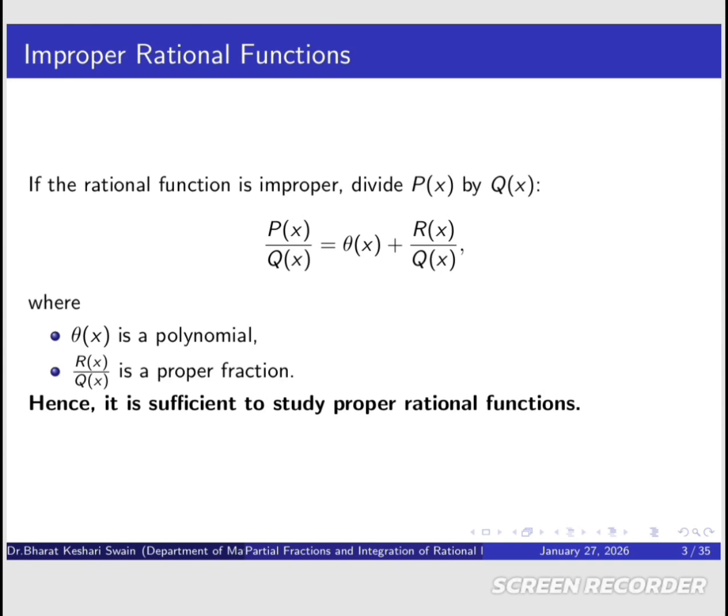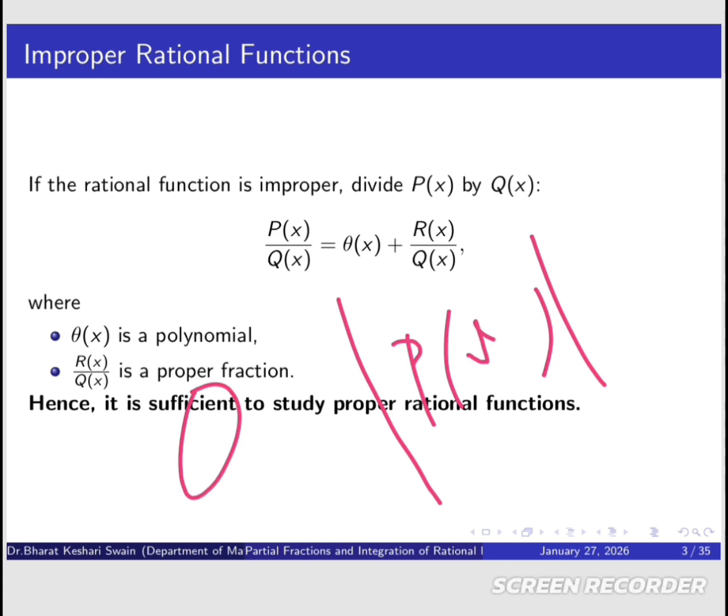So if we divide p of x by q of x, we should have some quotient here.